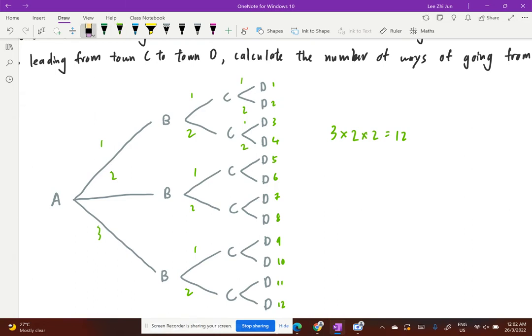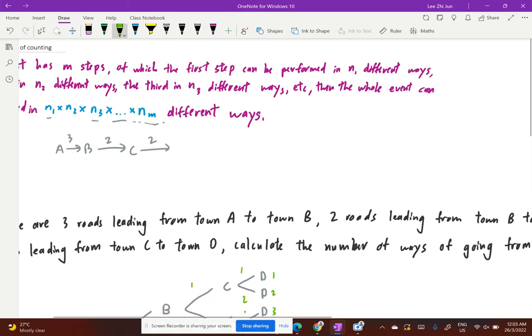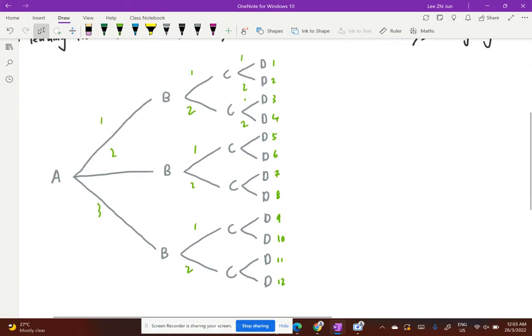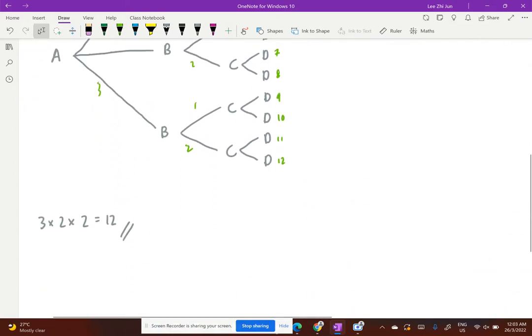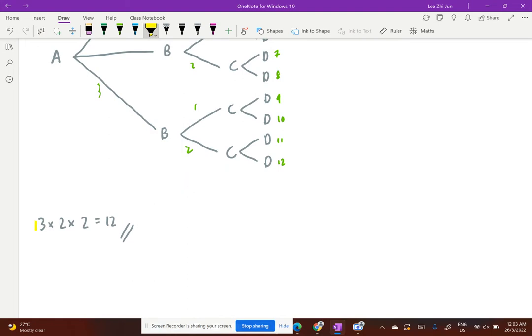But in your assignment or in your PSPM, though I think this year for our batch, this chapter 7 will not come out in our PSPM. So if it comes out in an assignment or tutorial question, you do not need to draw this tree diagram if you master the use of the techniques of counting. So here's the answer. You can just write like this.